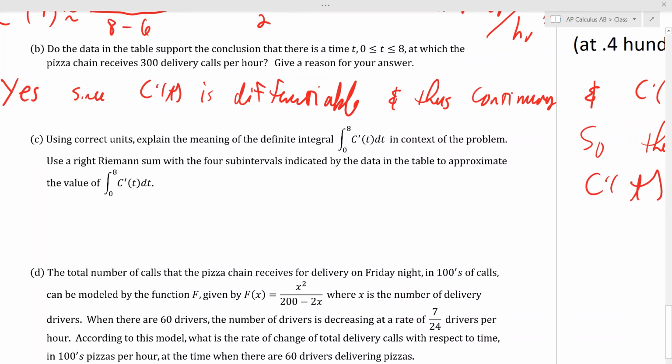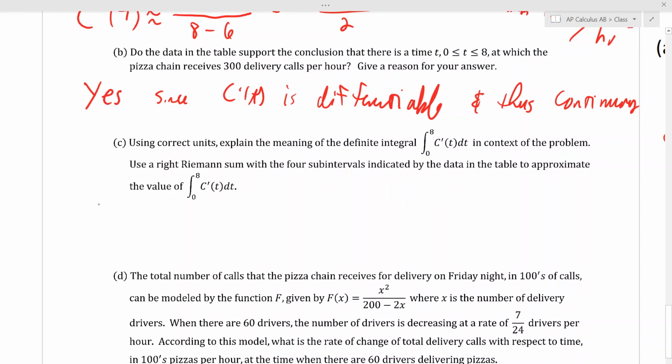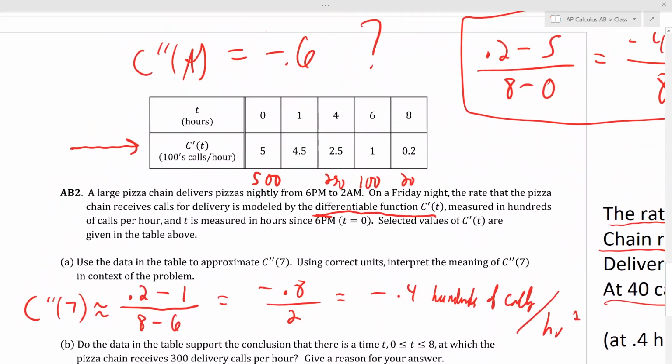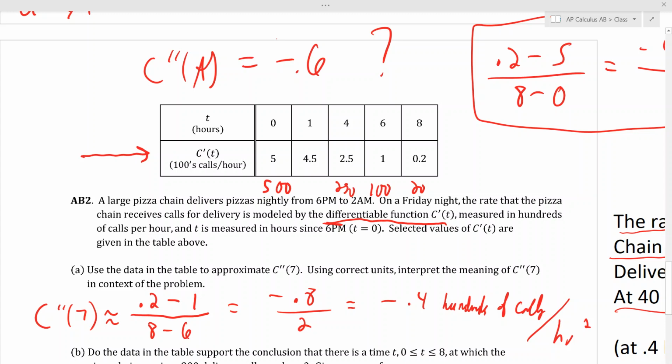Okay, so explain what the integral of C prime of t does. Well, if we integrate from 0 to 8, C prime of t dt, remember, first off, if C prime is in hundreds of calls per hour, then the integral of C prime is going to be in hundreds of calls.